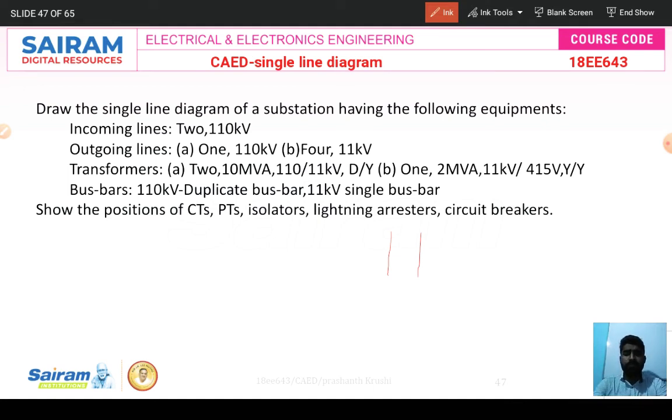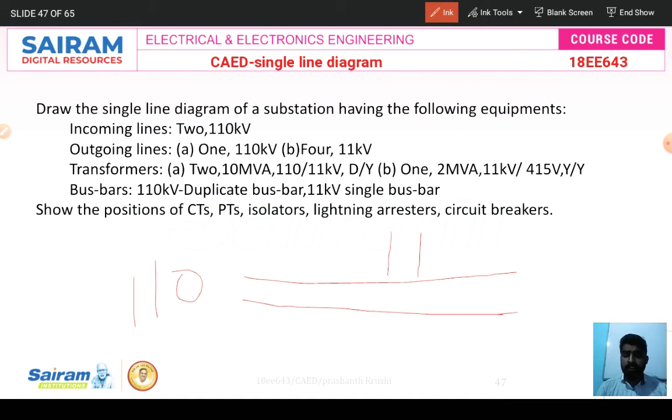And the transformers are 10 MVA, 110 kV to 11 kV, and 2 MVA, 11 kV to 415 volts.